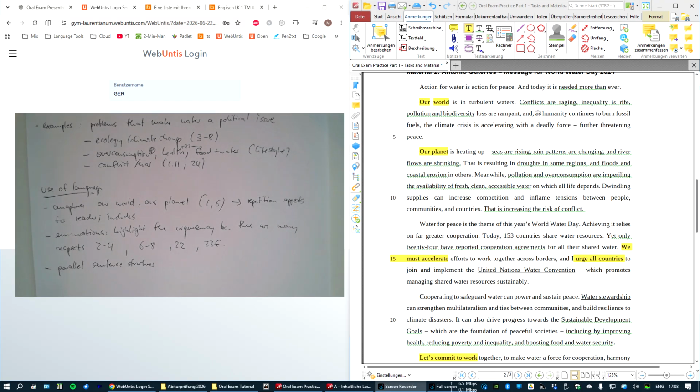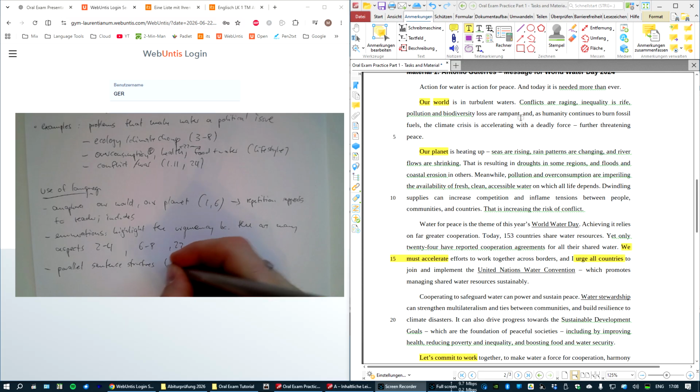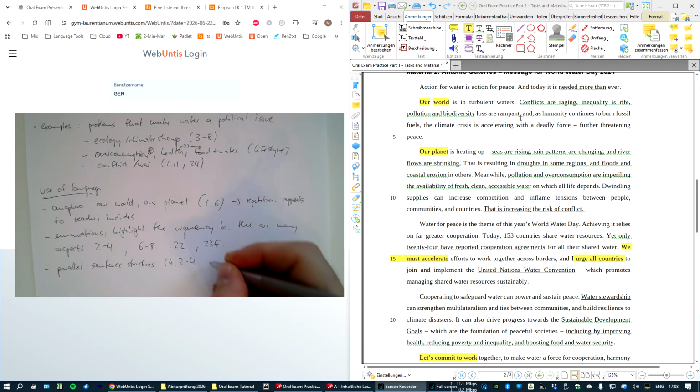Yeah, that would be this: conflicts are raging, inequality is rife, pollution and biodiversity loss are rampant. Parallel sentence structure in lines 2 to 4, create emphasis on the issue.